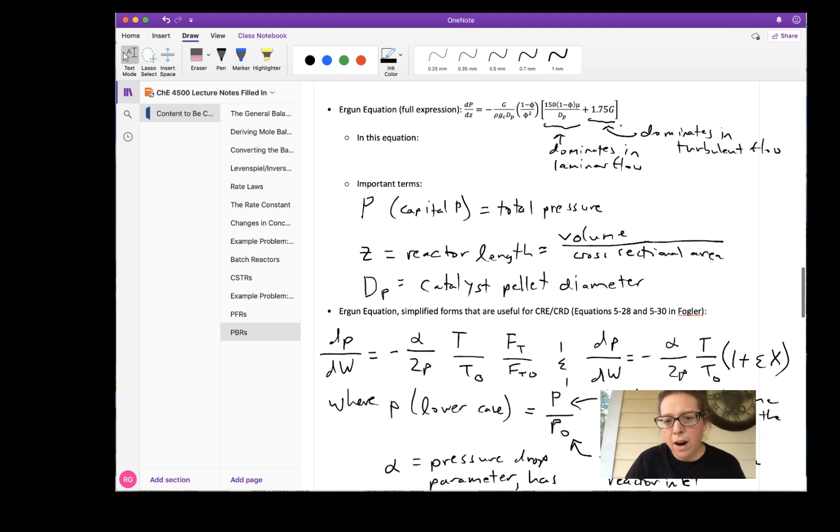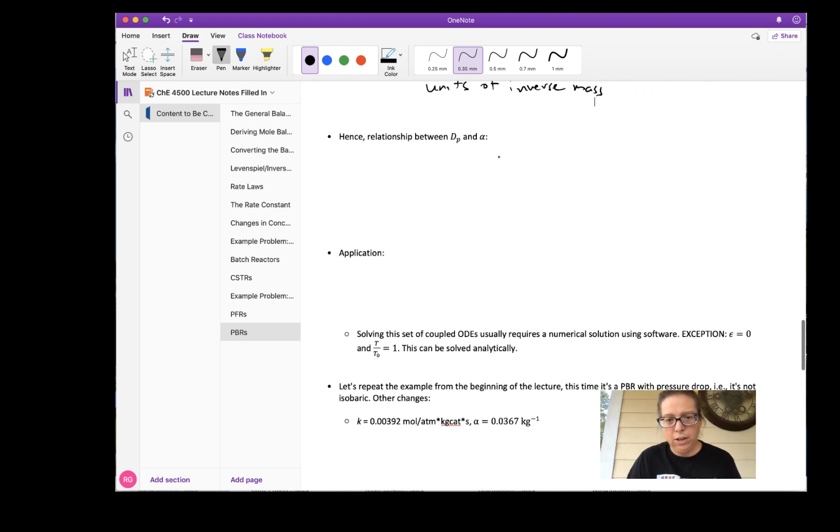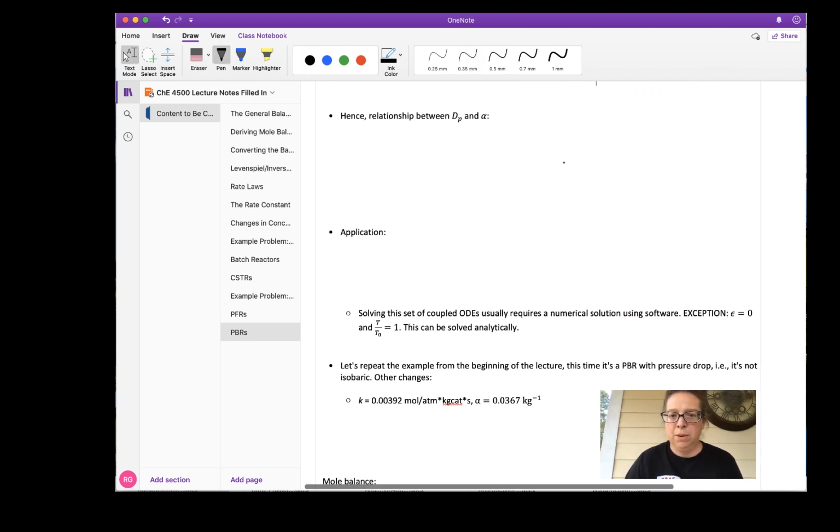We could make the argument that alpha is related to dp, and this is what we were talking about earlier, the relationships between alpha and dp. So we want to say as dp increases, alpha decreases. The larger the particle, the less pressure drop.